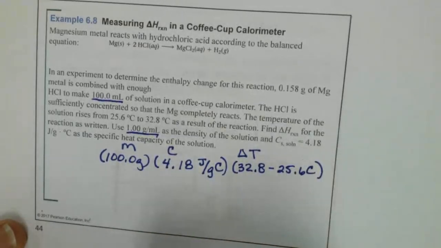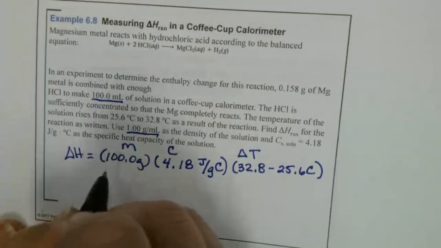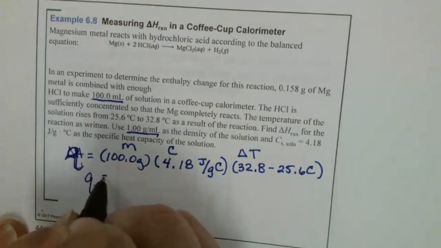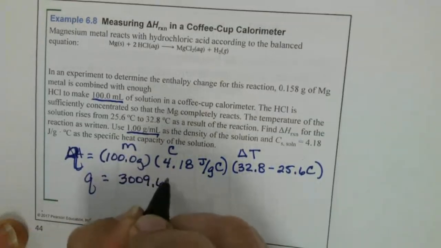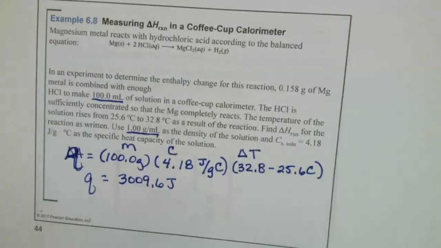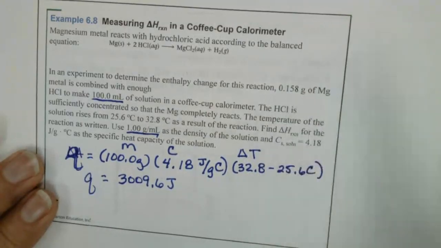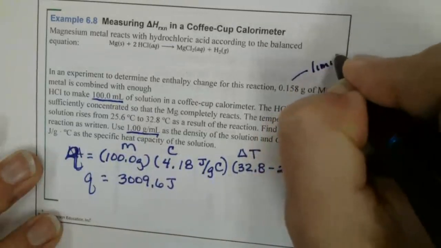So we end up with a Q value of 3009.6 joules. Well, they want this to be a delta H value, the delta H for the reaction. So this reaction produced, based on our 1.58 grams here, again, they said sufficient enough, so really this is our limiting reactant.